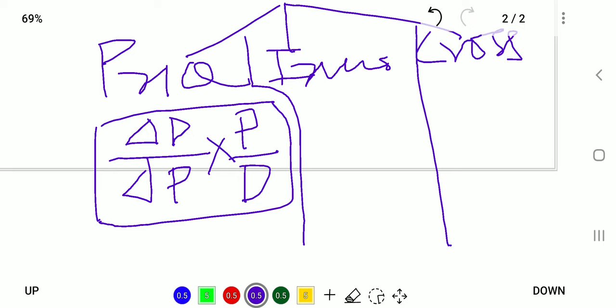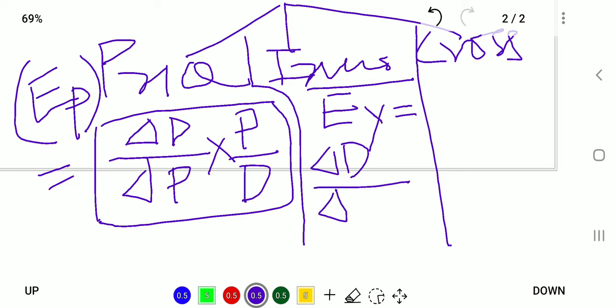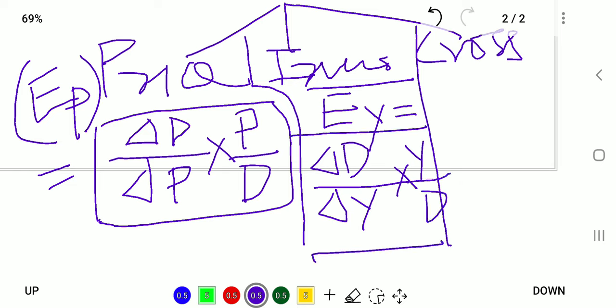In case of income elasticity, it is denoted by EY, and price elasticity is symbolically presented by eta P, that is EP. Income elasticity, EY, is symbolically presented by delta D divided by delta Y into Y by D. It is the responsiveness of quantity demanded with change in income, right?